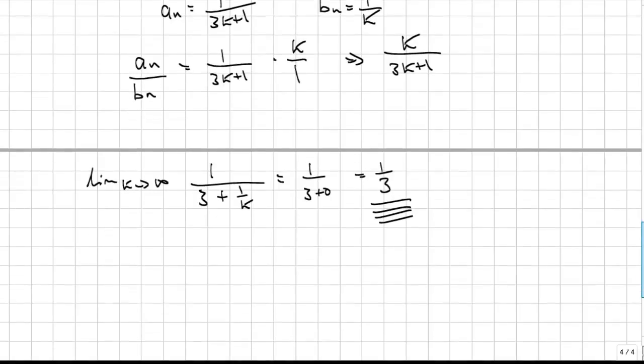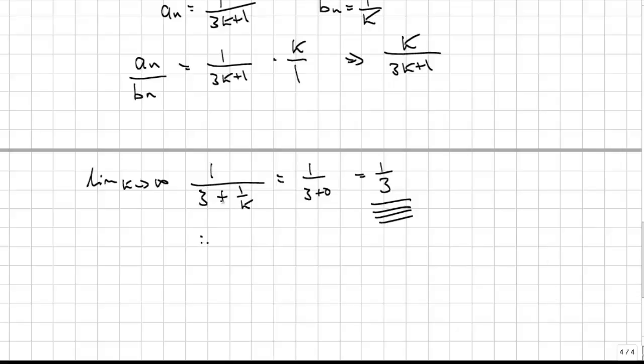And by the limit comparison test, because we know that our function bn, which was 1 over k, was divergent, and the fact that the limit as k goes to infinity of an over bn actually equals 1/3, that means that either both of our series are convergent, which we know is not the case, and therefore we can deduce that they both must be divergent.